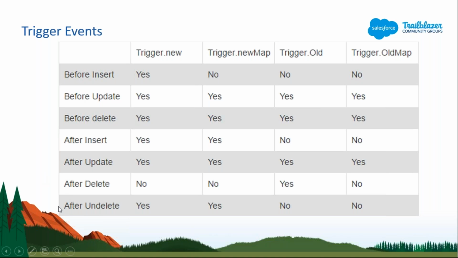So let's say we have deleted some records two days ago, and as we have the recycle bin in our Salesforce, these records will be in our recycle bin. Let's say I want to undelete those records, and based on that undeletion, I want to perform some action.